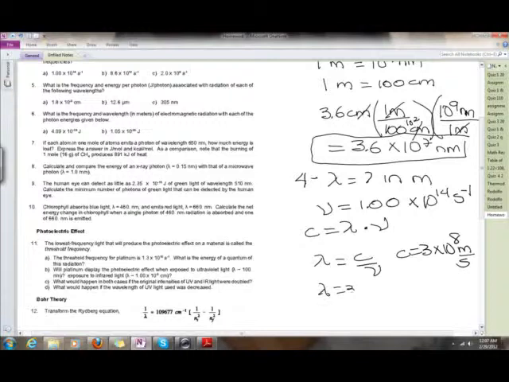So wavelength would be 3 by 10 to the 8 divided by 1.00 by 10 to the 14.